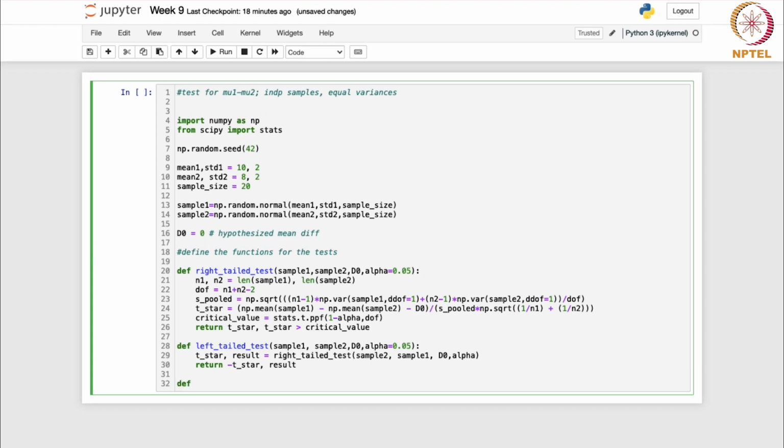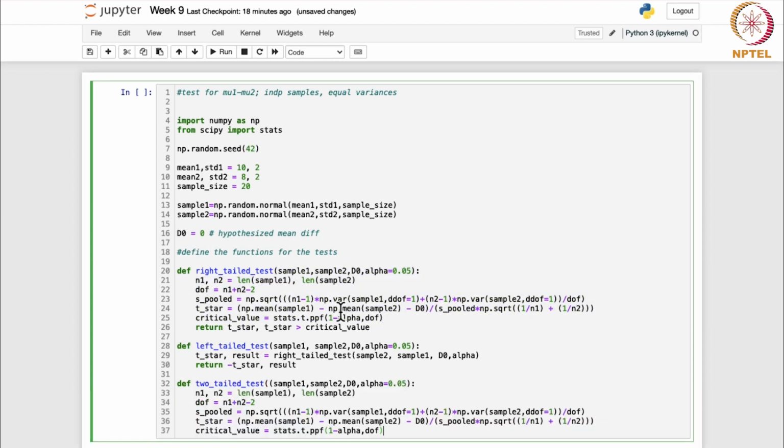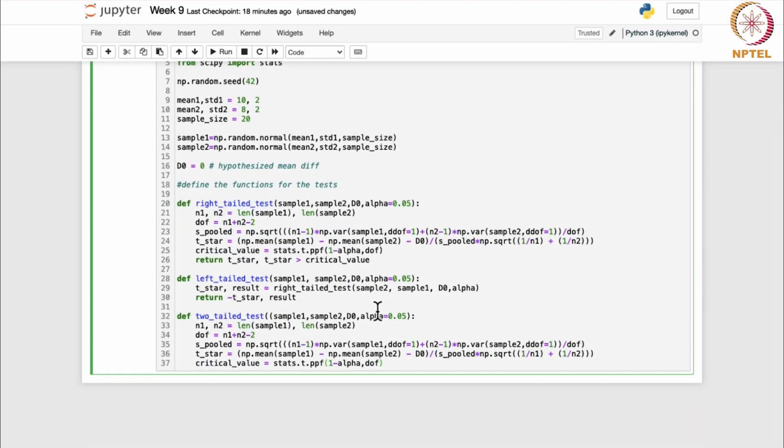Likewise, you can also define your two-tailed test. Again, the same arguments would be there. So if I just copy from here: sample 1, sample 2, D naught, alpha will be 0.05, N1, N2 will be there, degrees of freedom, S pooled will be there, T star value, and the critical value here in this case would be 1 minus alpha by 2.